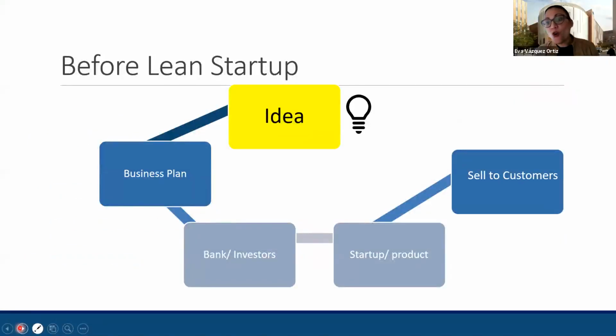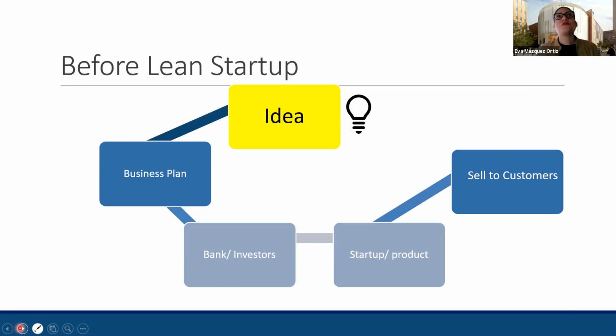Before lean startups, when you asked an entrepreneur what exactly I need to do to go from this amazing idea in my mind to creating a successful startup, most of them would tell you, well, you need to start by writing a business plan.